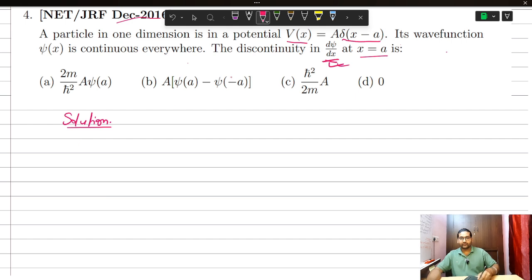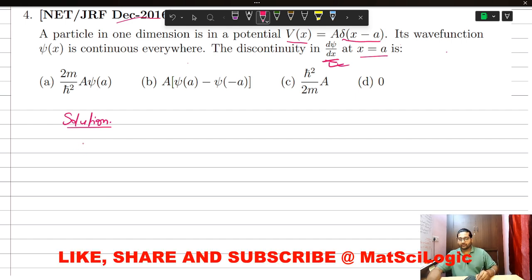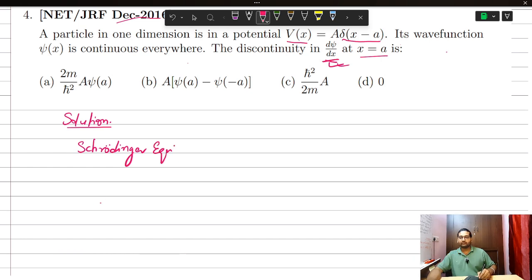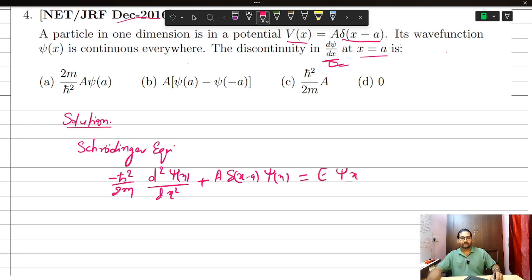Let's write the Schrödinger equation for the potential given here: minus h cut square by twice m d2 psi(x) upon dx square plus, what is V(x) here, a delta(x minus a) psi(x) is equal to E psi(x). This is the typical Schrödinger equation.